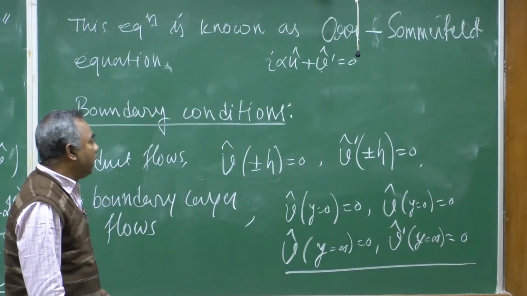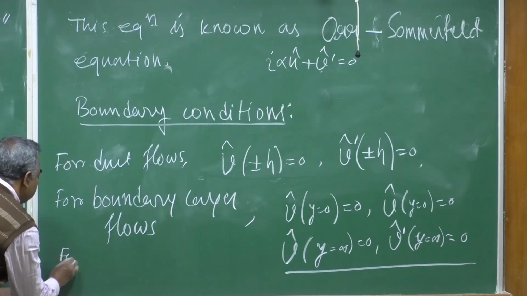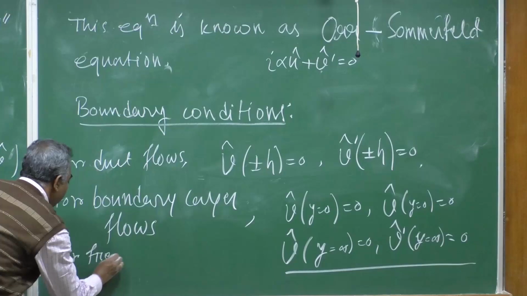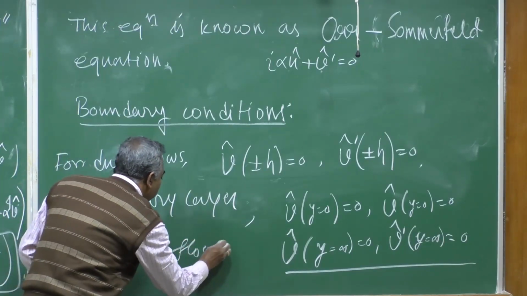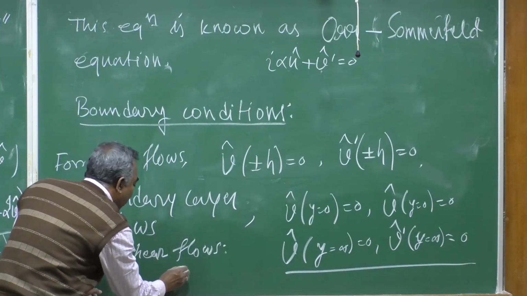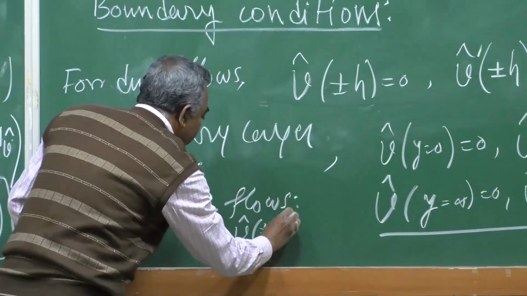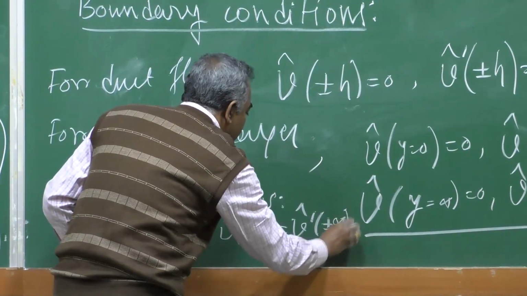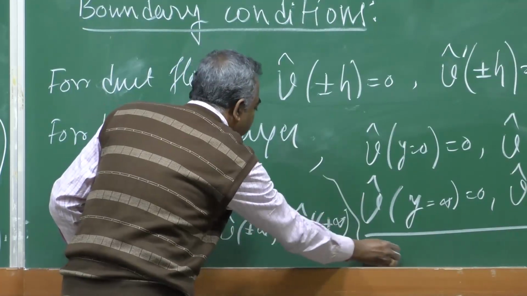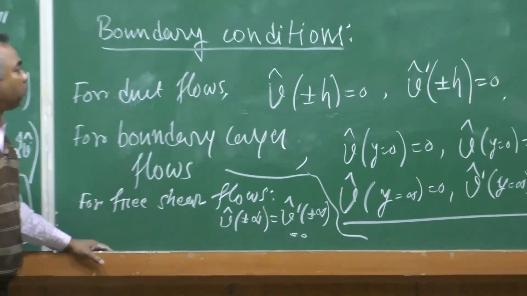So, this is for boundary layer. Similarly, for free shear flows, the boundary conditions are v hat at plus minus infinity and v hat prime at plus minus infinity equal to 0. Okay. So, these are the boundary conditions for 3 different flows for this equation.